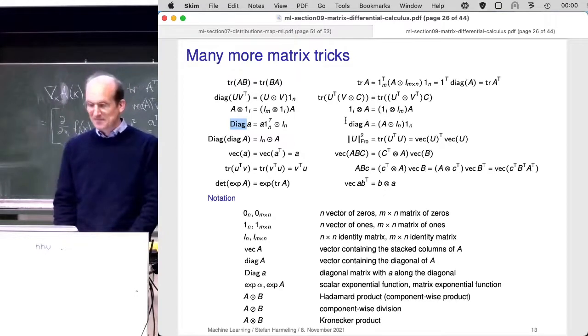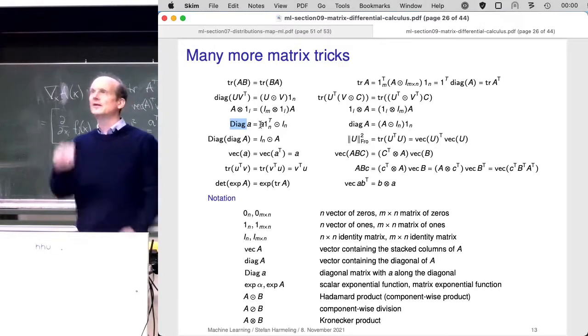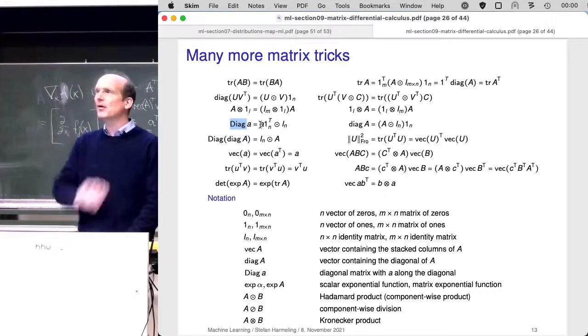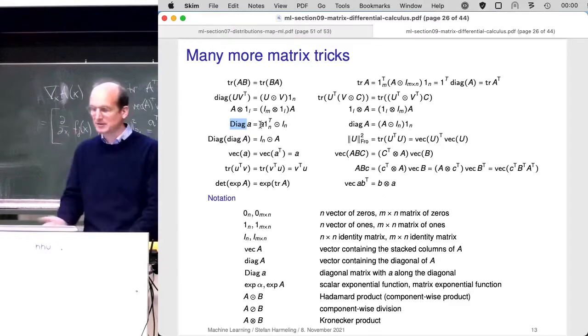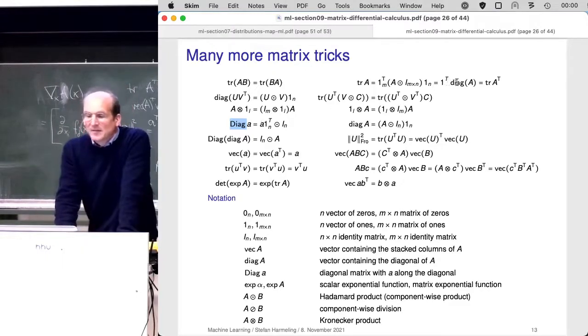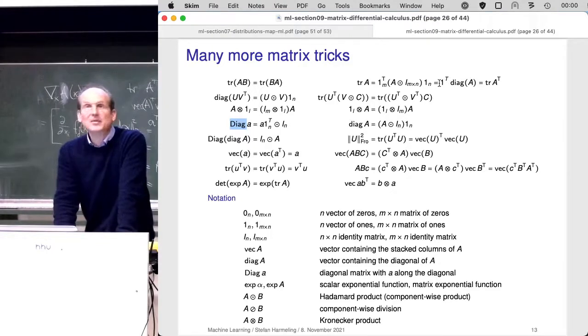The capital Diag of a vector gives you a diagonal matrix. So there are these two functions, and from the capital D or small letter d, you know whether you have a vector or matrix. Basically, extracting the diagonal of a matrix and multiplying it with the one vector from the left-hand side is summing up all entries. So that is just the inner product with the one vector.